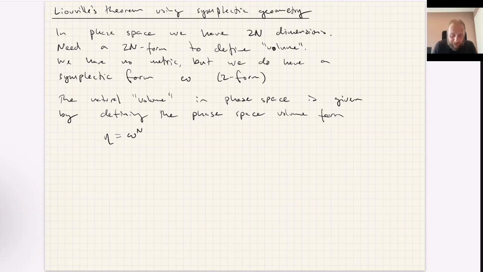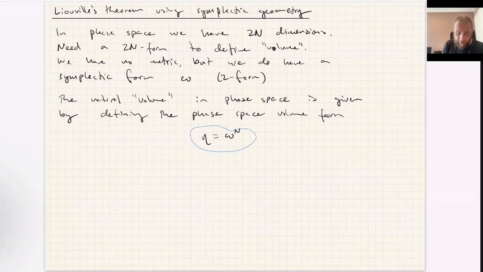As we just saw before the break, this is perfectly fine because omega is a 2-form, an even form. If omega had been an odd form, we could not raise it to any powers because we would get 0. So since omega is a 2-form, this is a 2n-form.